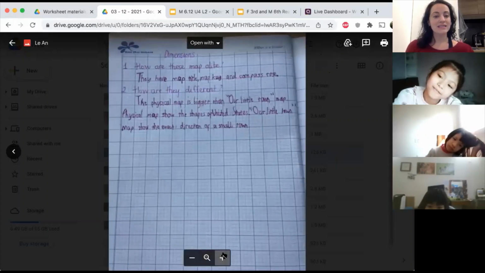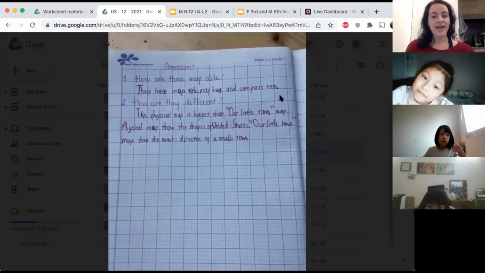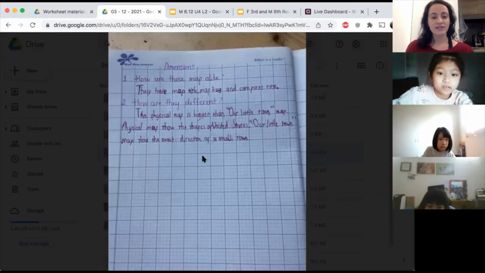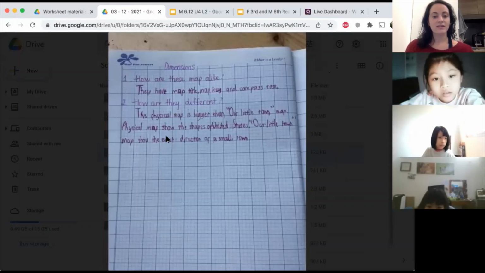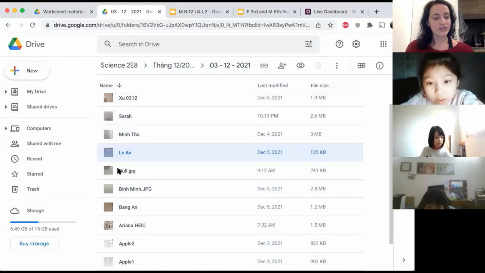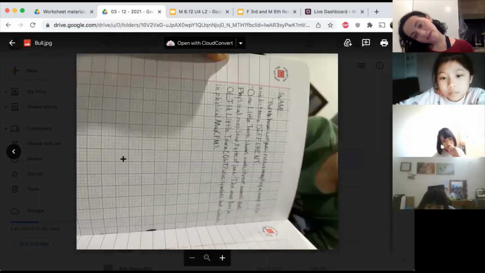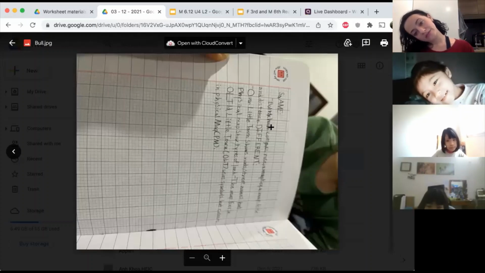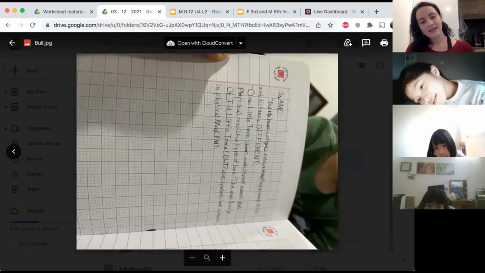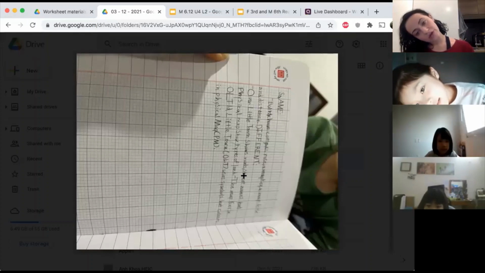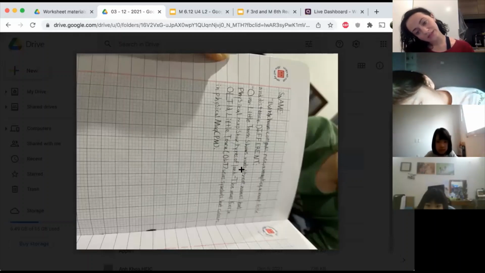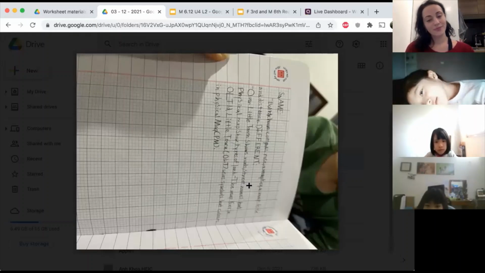All right. How are they alike? Excellent. How are they different? Streets. The exact, okay, interesting. Here's Bull. Oh no, sideways. Same, both have compass rose. Distance, excellent. Different: road, street names, types of land, wonderful.